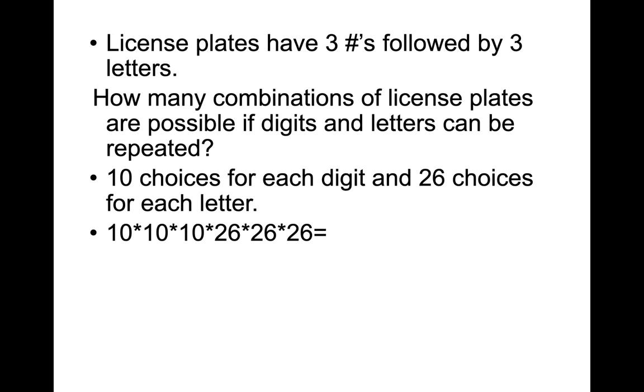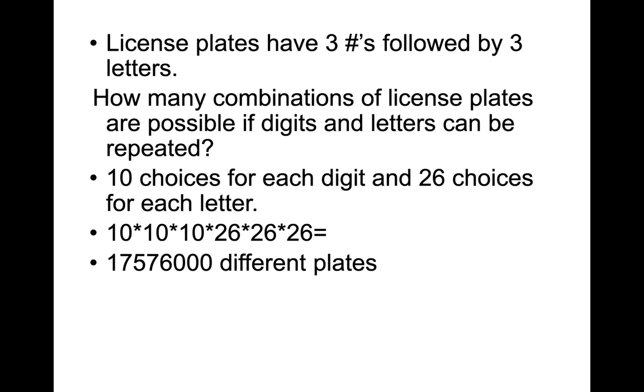So you would have 10 choices for the first number, 10 choices for the second number, 10 choices for the third number, 26 for the first letter, and so on, and you would just multiply those out. And you can see here that there are over 17 million different combinations of license plates.